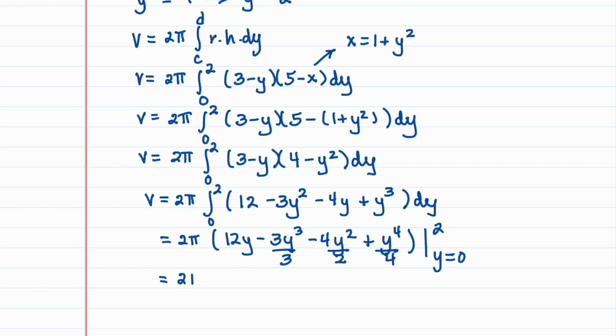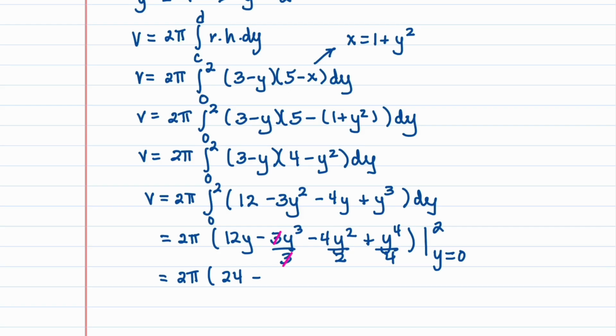Let's see what we get. We have 12 times 2 is 24. Our 3's are going to cancel. So we just have minus 2 cubed, so this is minus 8. And then we have a minus 2 times 2 squared, which is 4. And then we have 2 to the 4th, which is 16, divided by 4, and subtract off 0.